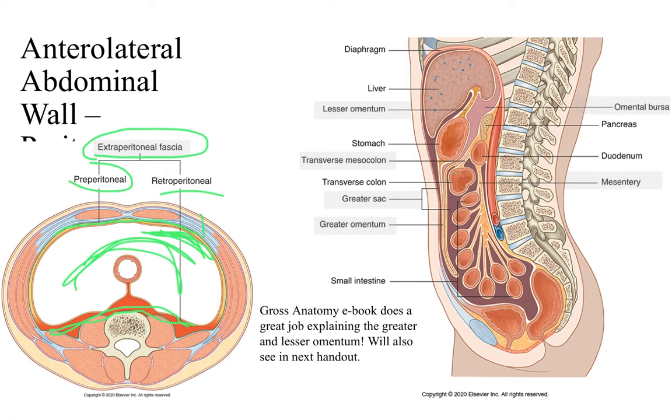Now, the peritoneal membranes in the abdominal cavity take on some special structures in certain locations, and so we want to talk about what some of those specific locations and structures are. One would be the lesser omentum, and you've probably heard that term omentum before. It actually means apron. So usually when we think of omentum, we think of the greater omentum, and the greater omentum is this apron of fatty tissue that literally just covers the intestines of the abdominal cavity.